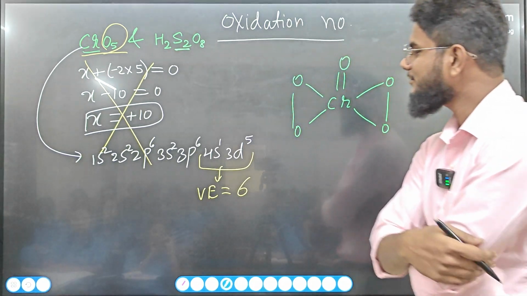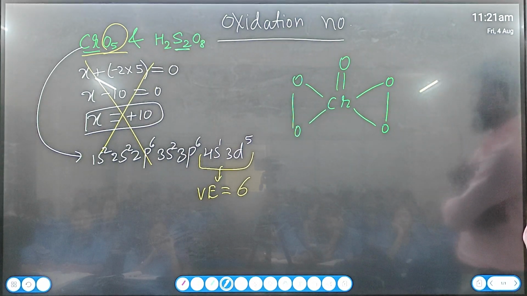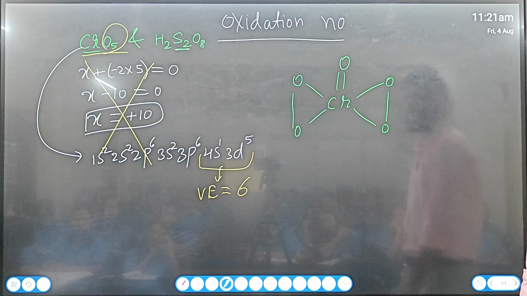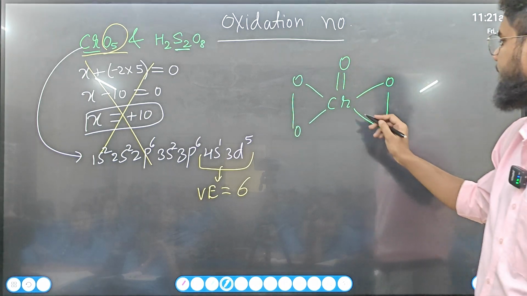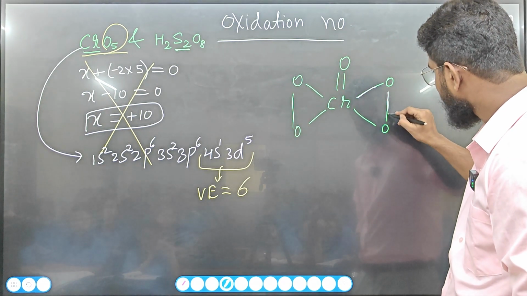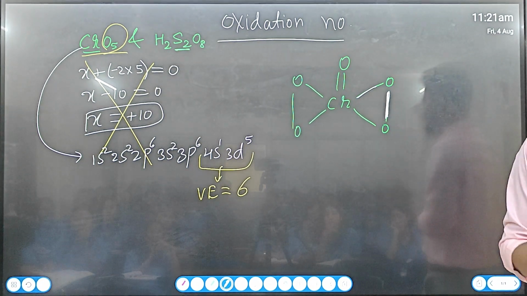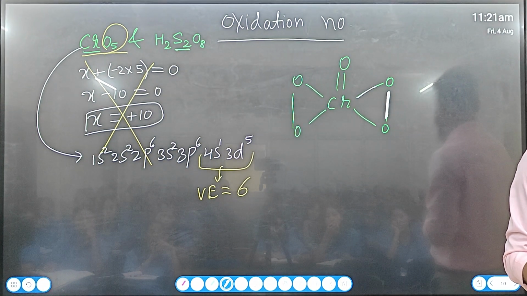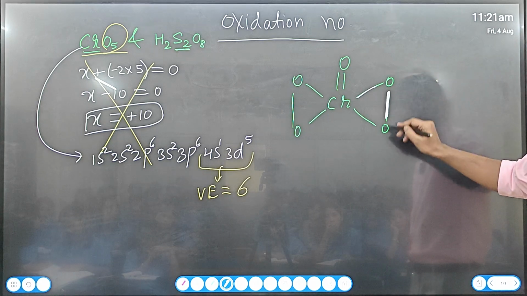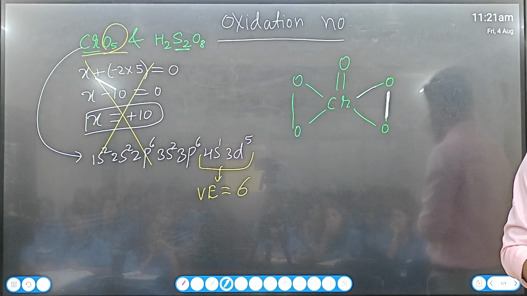Here, how do we find the oxidation state? It's very easy. What linkage is this between oxygen single bond? Peroxide linkage, right? It means these two oxygens are peroxide.